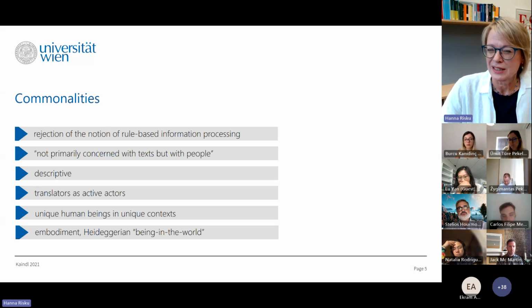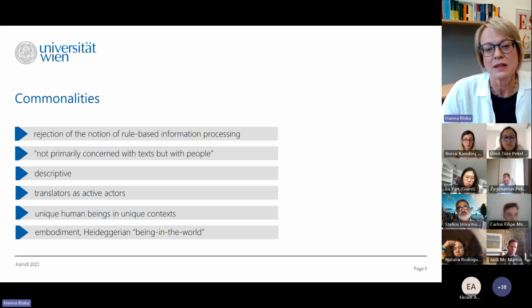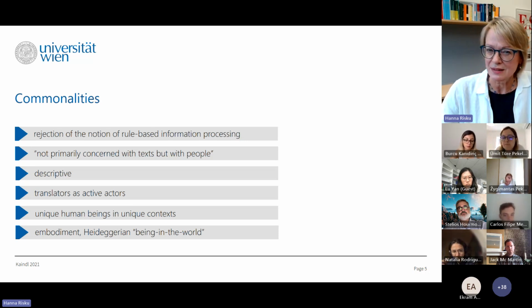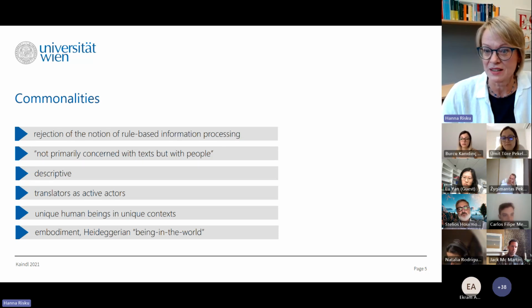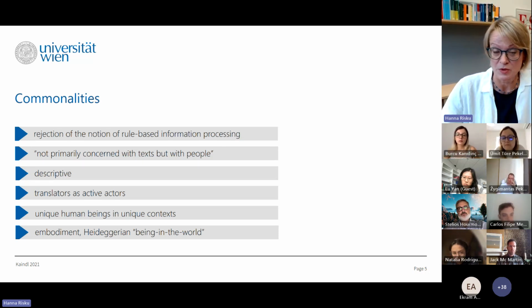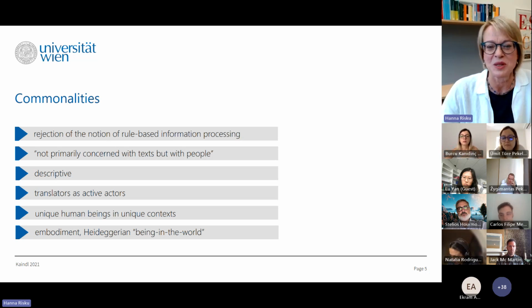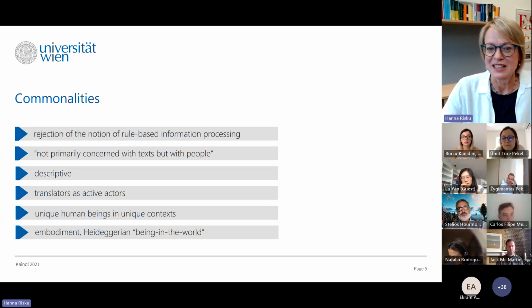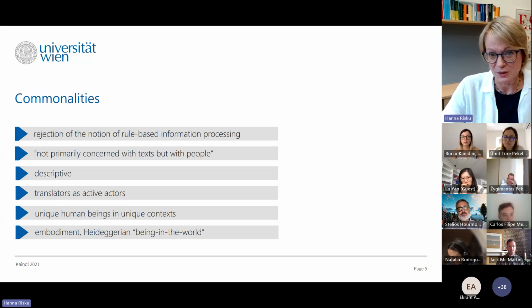Also, all 3 approaches are descriptive. They do not primarily seek to model ideal conditions, or to give advice to practitioners or the translation industry, or to develop direct applications to advance translation technology or study programs. Not directly, they might have influence, but not as their main goal or first primary goal.